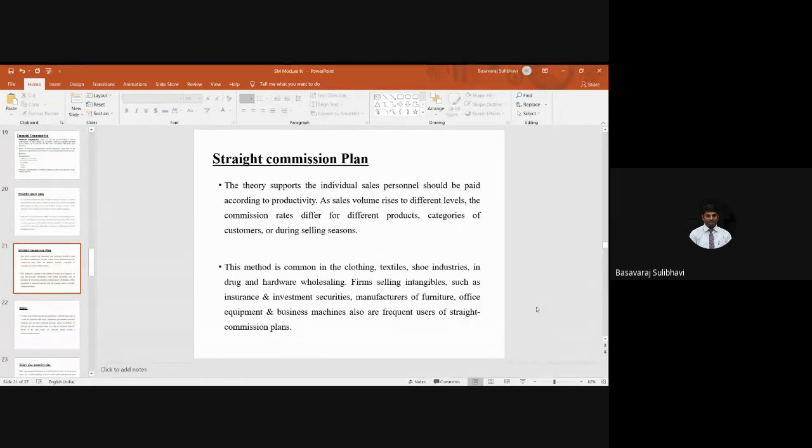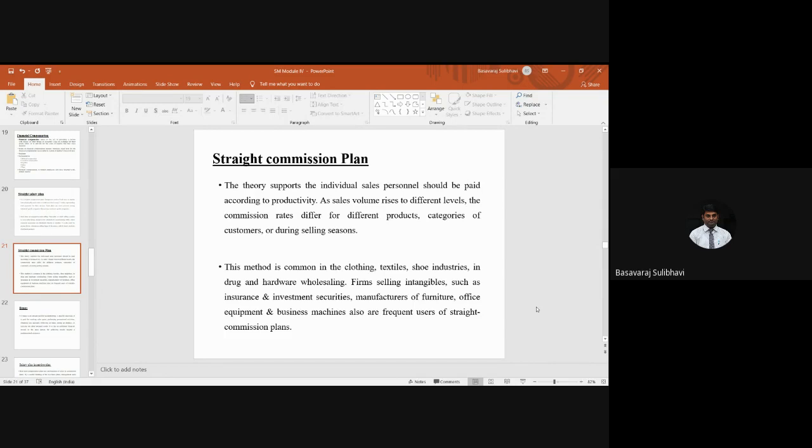In that time period, you should keep your salespeople highly motivated, because the profit required for the entire year is earned by the organization through the effort salespeople put in during that particular time period, until the season ends. This method is common especially in the clothing industry, textile industries or shoe industries, in drugs and also in wholesaling of hardware industries.